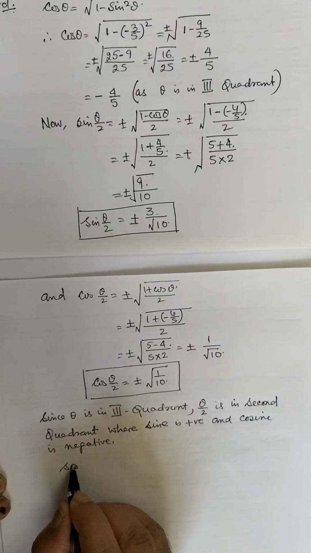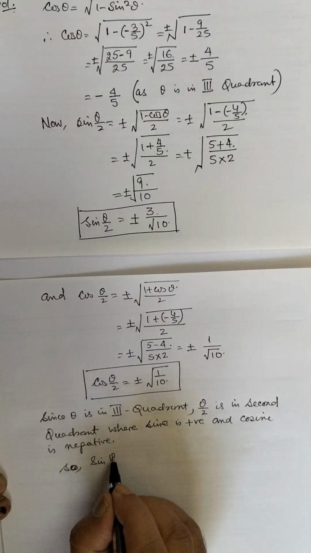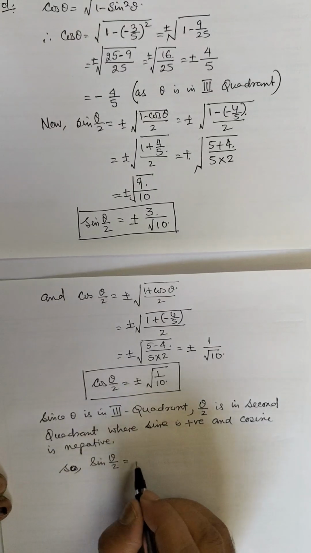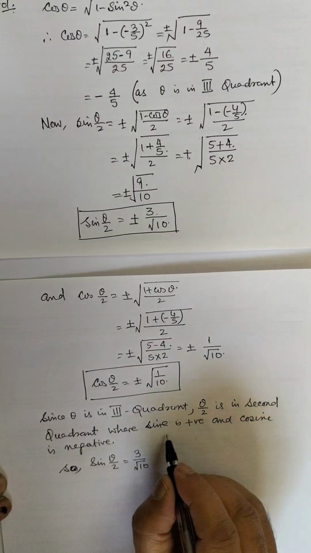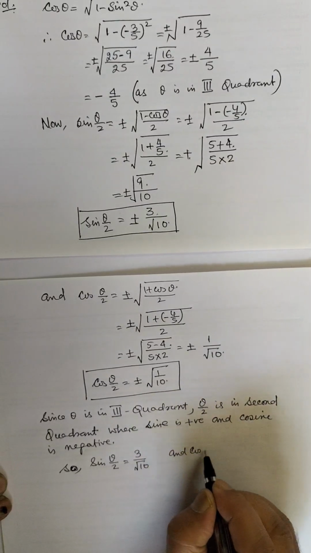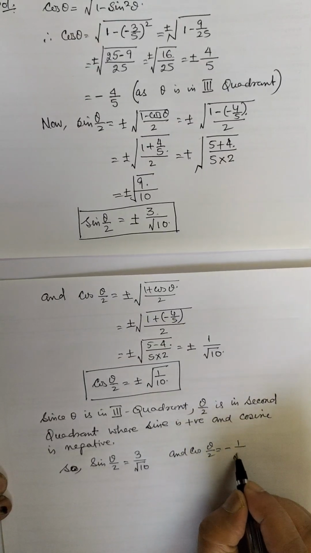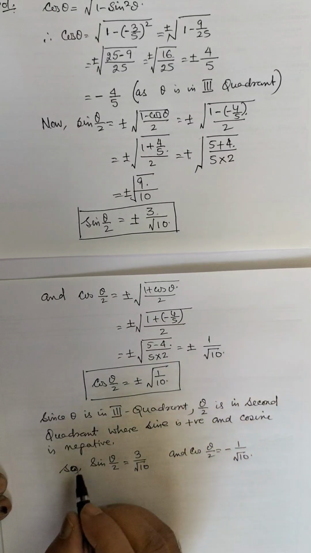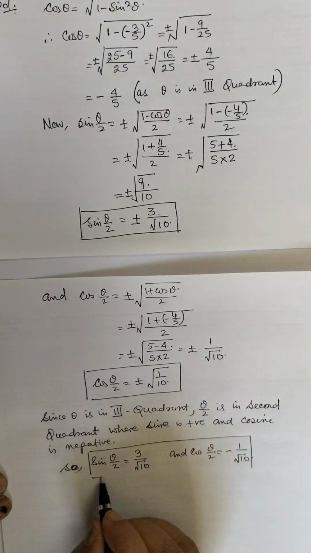So sine theta by 2 is 3 on root 10. Sine is positive, and cos theta by 2 is going to be minus 1 on root 10. This is our final answer.